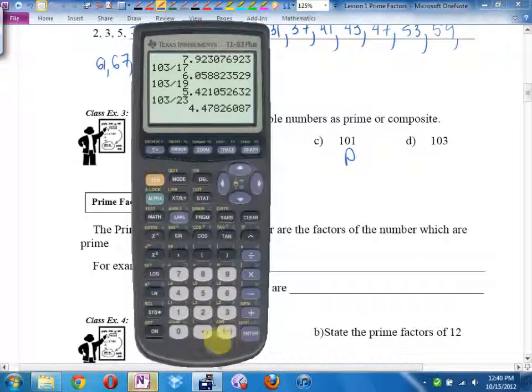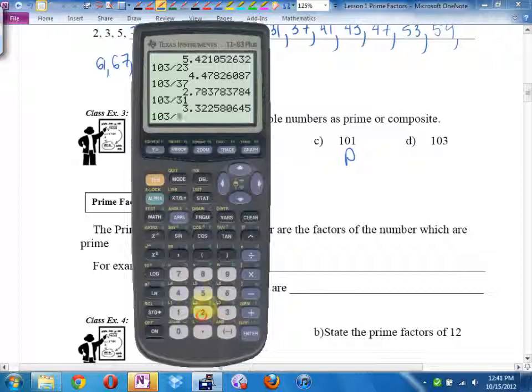I'm trying all the big primes. 103 divided by... 37? Didn't work. 103 divided by 31. 103 divided by... 39 is not prime. If 3 doesn't go into it, neither will 39.